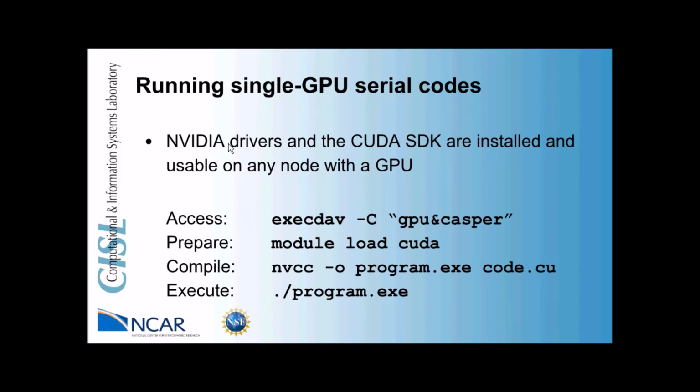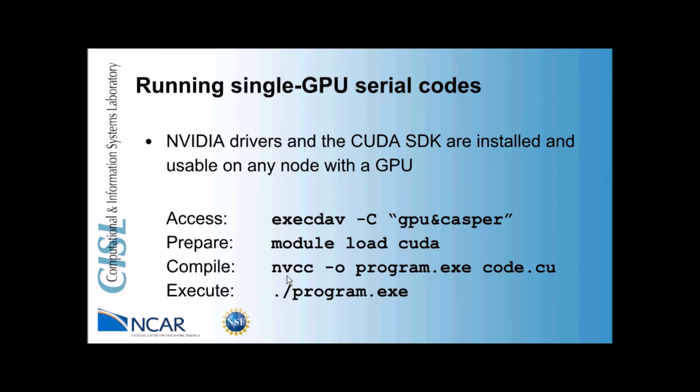The NVIDIA drivers and the CUDA SDK are all installed and usable on any node with a GPU. So what I would do is I would run an execdav, and I would constrain myself to a Casper node that has a GPU. Then I would load the CUDA SDK. I'm assuming here I already have a compiler loaded. It could be Intel, PGI, GNU.